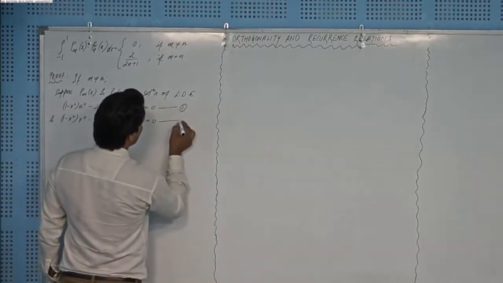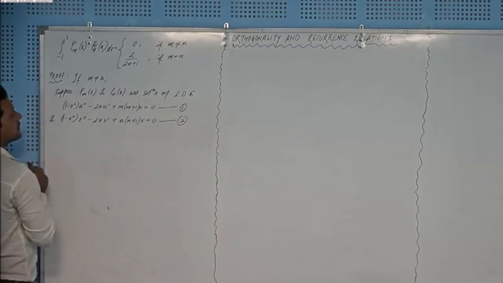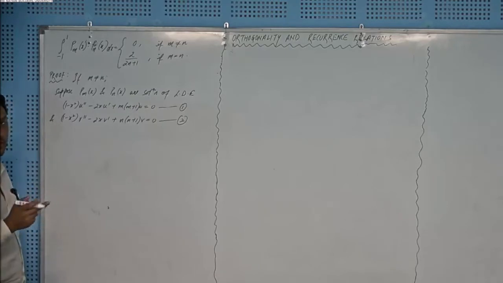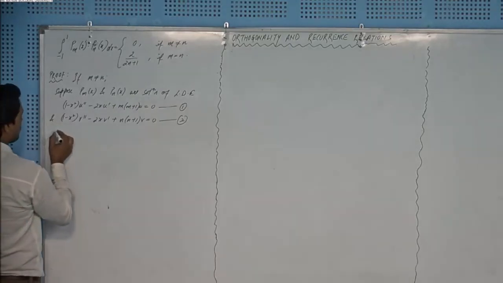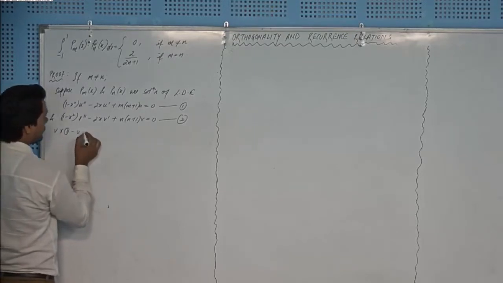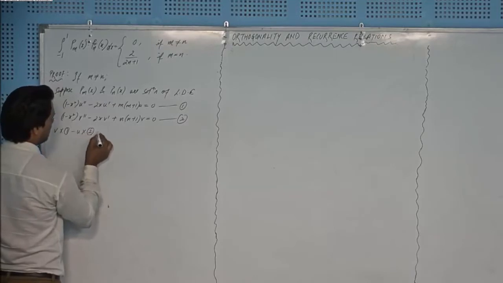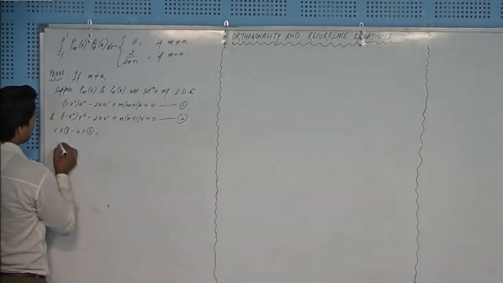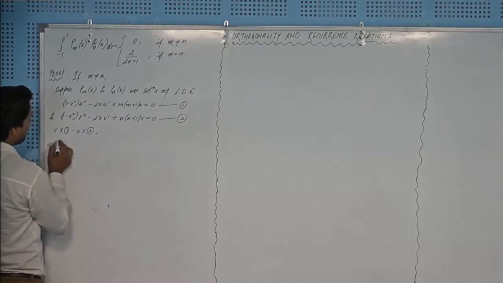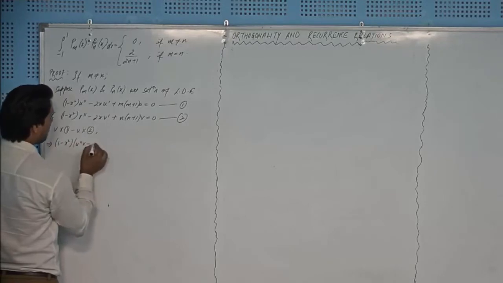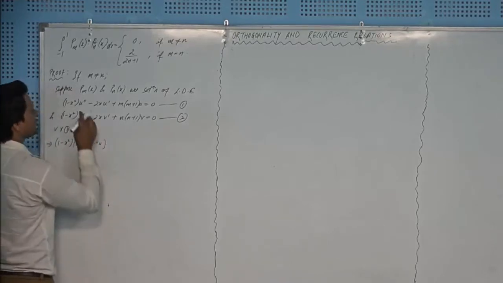So now what will we do? We multiply the first equation by v and the second by u, and subtract. Then this will give (1 minus x square)(u double dash v minus v double dash u) for the first term.